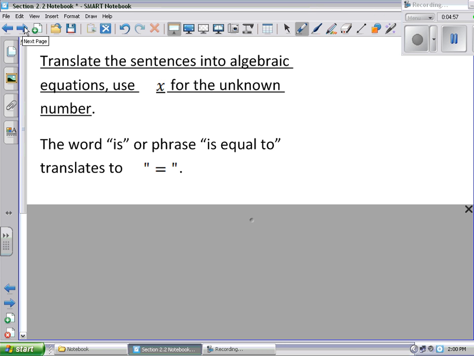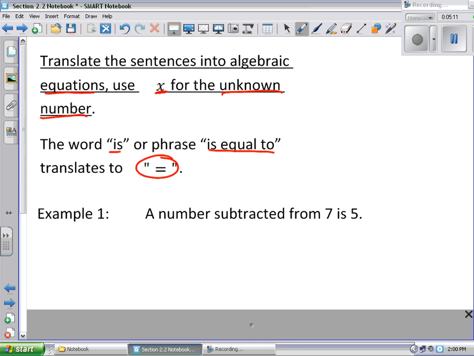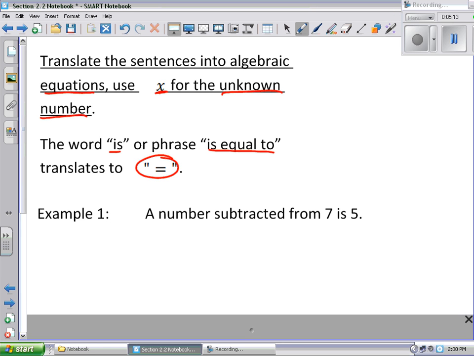Translate the sentences into algebraic equations. Use x for the unknown number. The phrase is equal to translates to the symbol is equal to. A number subtracted from 7 is 5. A number, the number is going to be x. I'm going to underline my numbers, 7 and 5, and I'm going to circle my phrases.